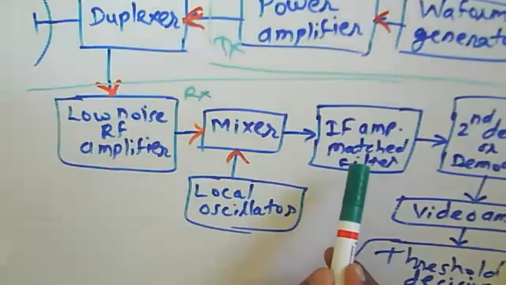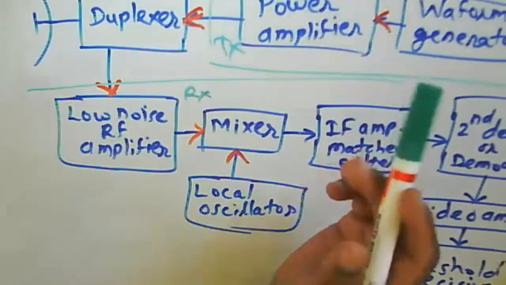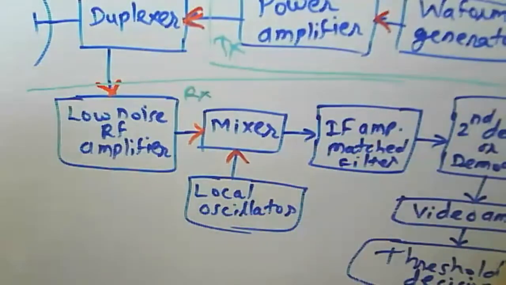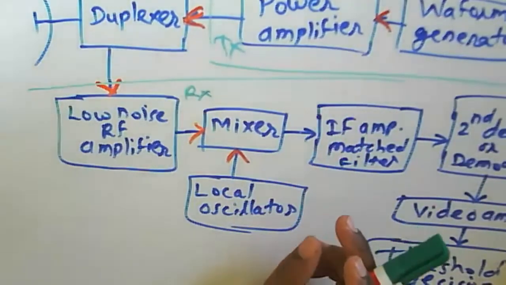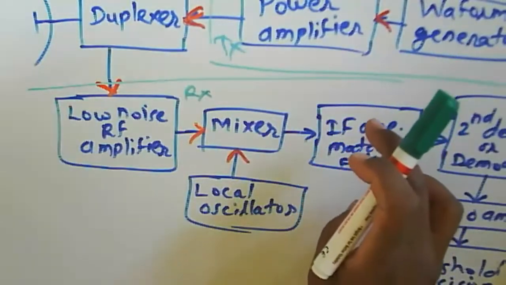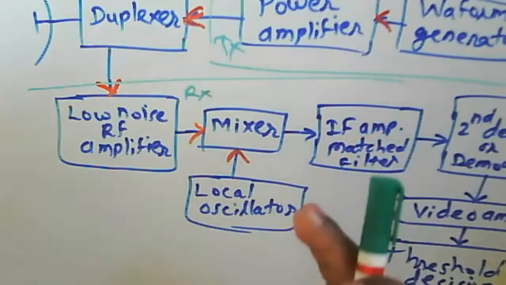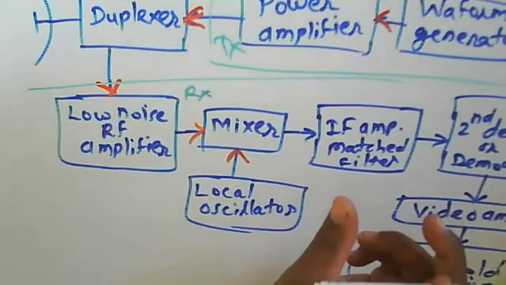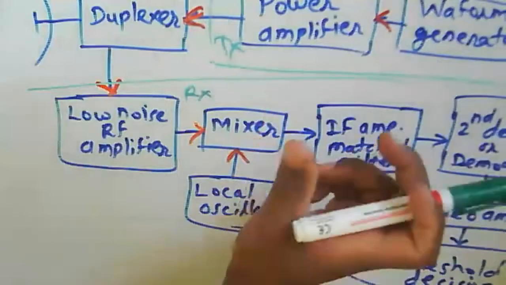In that case we are expecting a particular signal, and this signal has some particular bandwidth. So the IF amplifier is used to get the signal within a particular band of frequency. Only that particular band of frequency is to be passed through it.